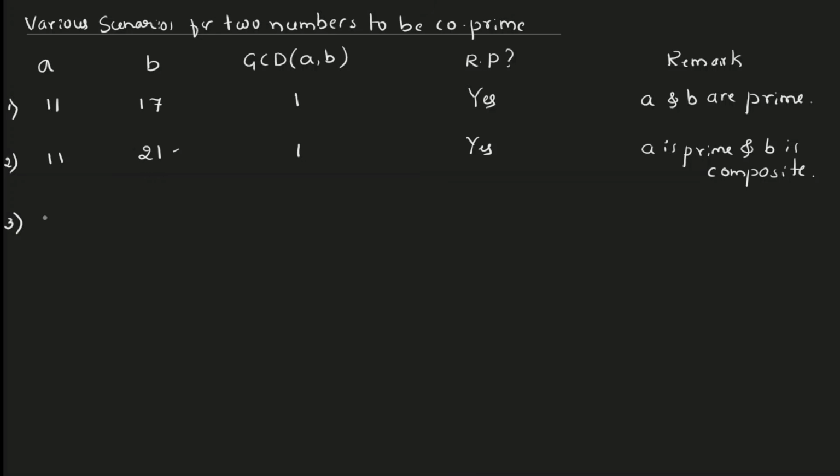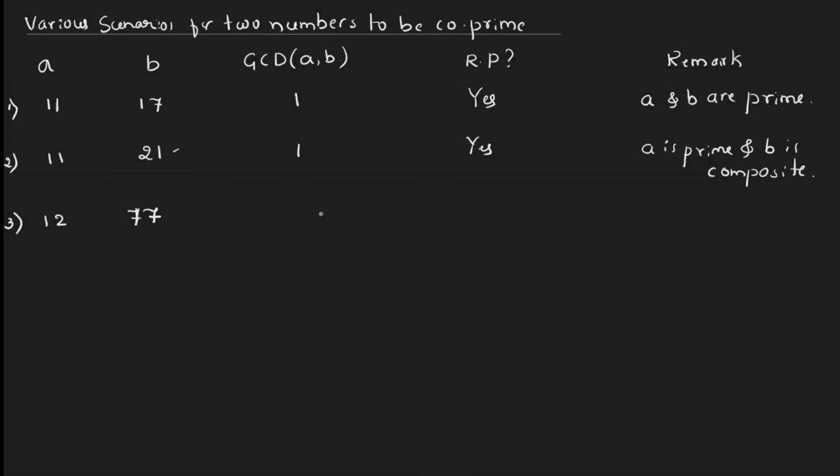Next we take 12 and 77. 12 is divisible by 1, 2, 3, 4, 6 and 12. 77 is divisible by 1, 7, 11 and 77.